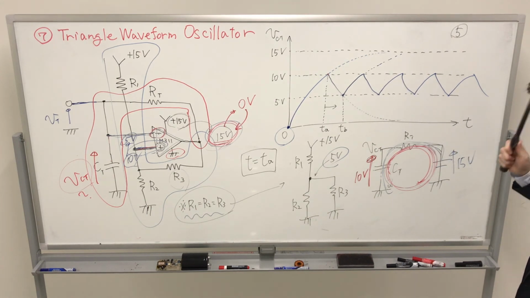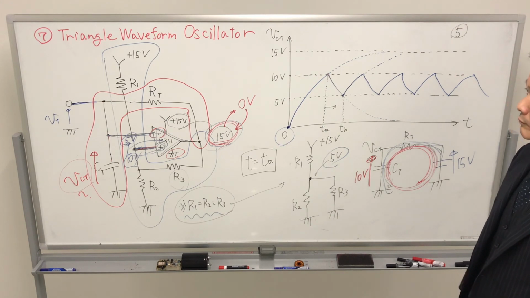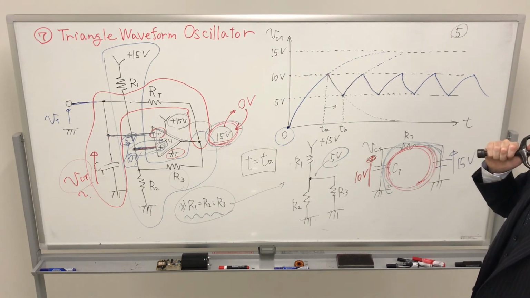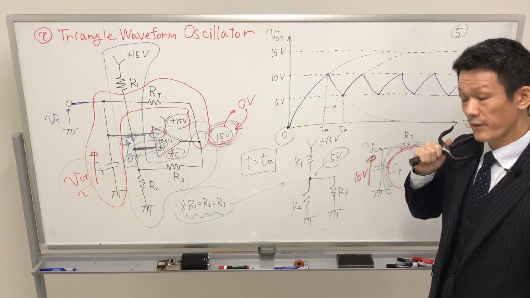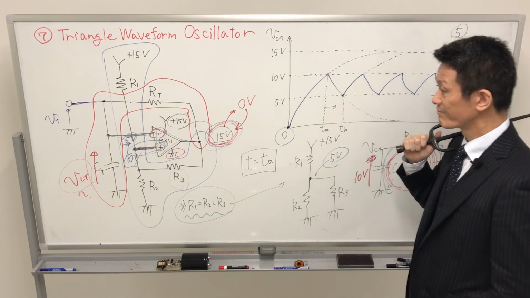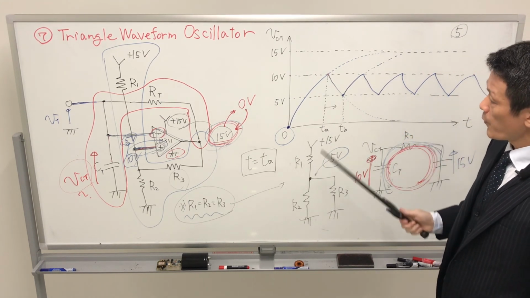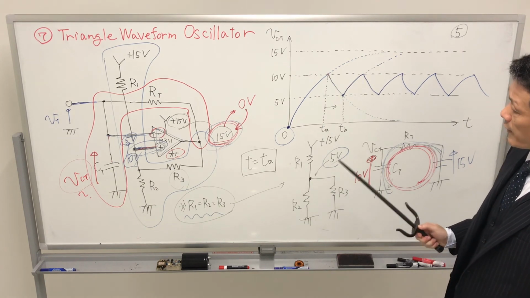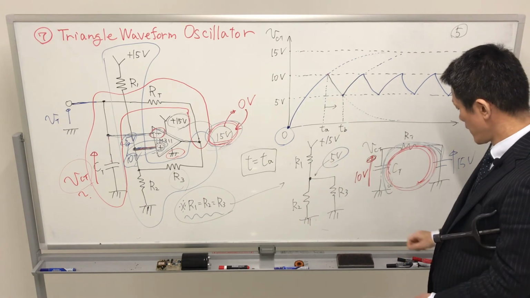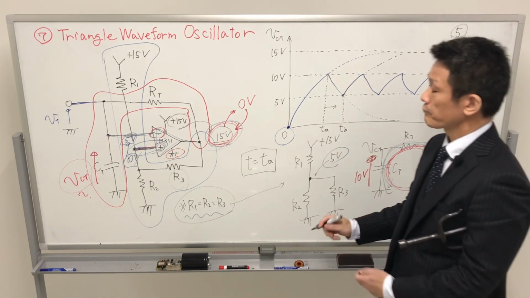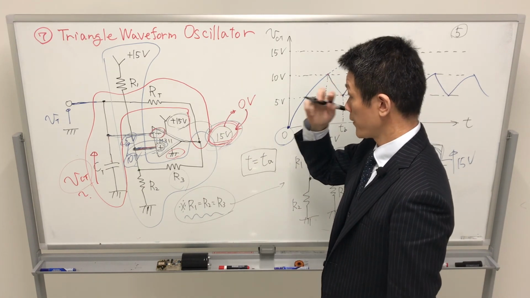Okay, that is the triangle waveform generation principle of the boost chopper circuit. Later we can design it, for example, when a customer asks, please operate in the boost chopper.